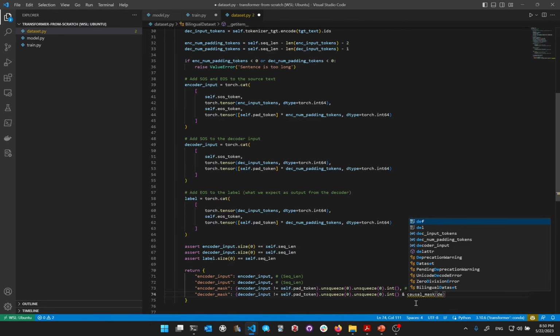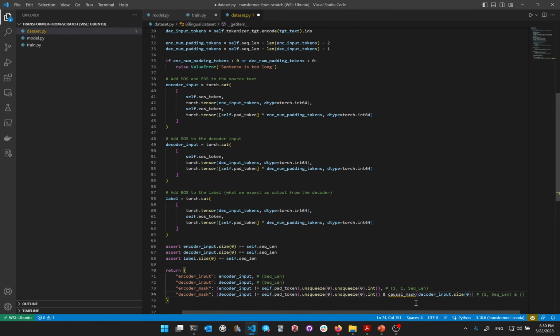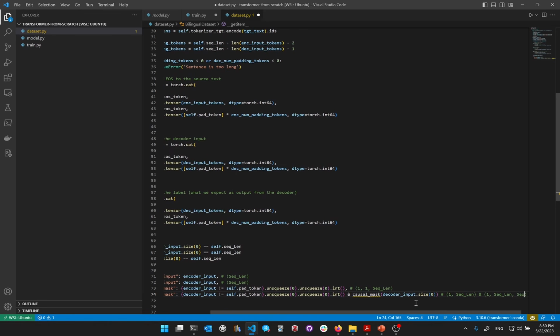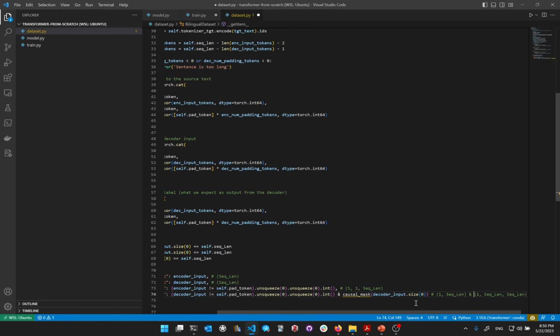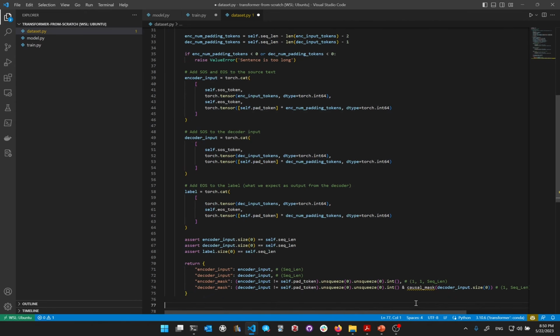It is basically the size of our decoder input. And this, let me write a comment for you. So this is 1 by sequence length combined with, so the AND with 1 by sequence length by sequence length, and this can be broadcasted. Let's go define this method, causal mask. So what is causal mask?